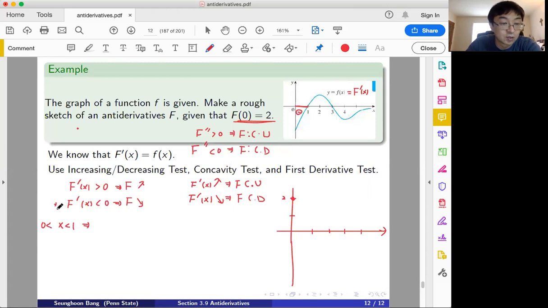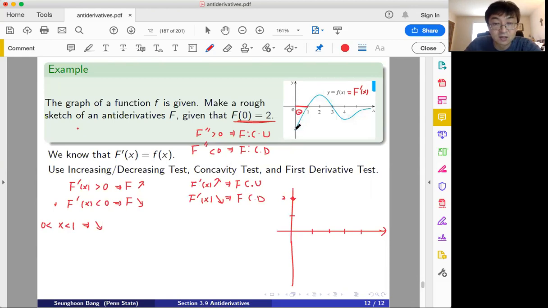Concave up or concave down? f of x is increasing, so F is concave up.